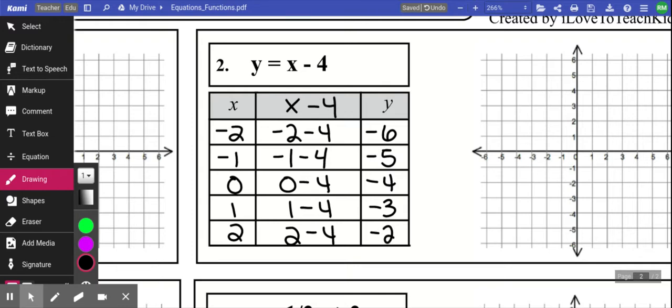Now you don't have it where you have the ordered pairs, but if you wanted to, you could just make them off to the side here if that helps you. If you don't want to make a whole list of it, then you can just plot the points if you know what you're doing. Okay, so (-2, -6), (-1, -5), (0, -4), (1, -3), (2, -2).